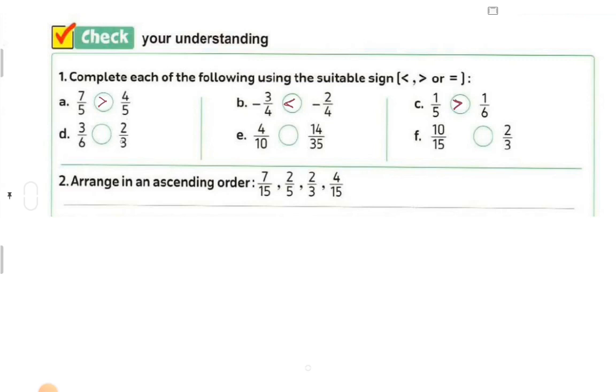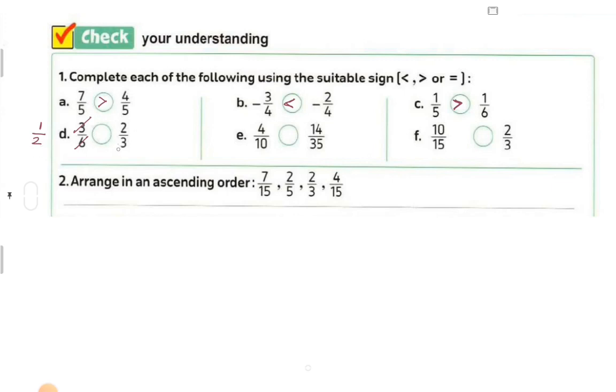3 over 6, 2 over 3. Note that 2 over 3 is a fraction in the simplest form, but 3 over 6 I can simplify. 3 divided by 3 equals 1, 6 divided by 3 equals 2, right? So we have a half or 2 over 3.